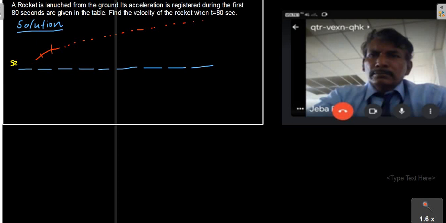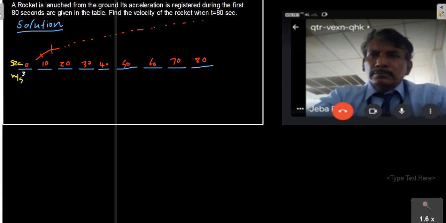At the top of these lines, seconds are given, and below that the velocity in meters per second is given. The first 0 second, then 10 seconds, 20 seconds, 30 seconds, 40 seconds, 50 seconds, 60 seconds, 70 seconds, and 80 seconds.